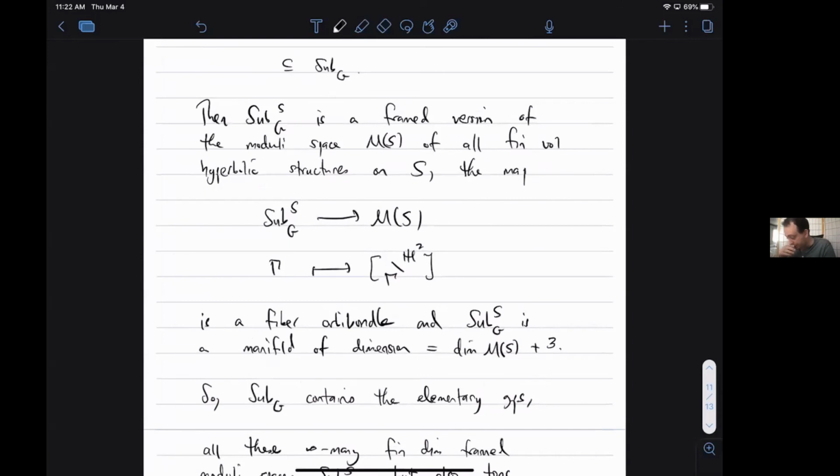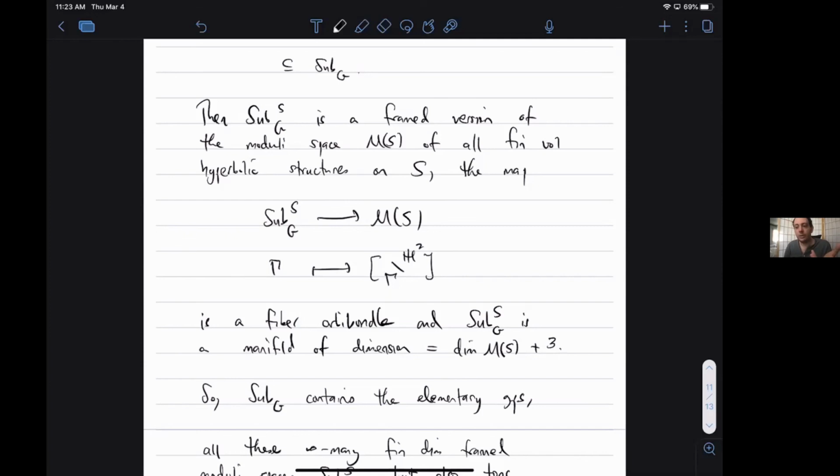The point for the dimension there is that you have this fiber bundle structure, and it turns out that the fibers are 3-dimensional, and so that's why you get dim M(S) plus 3, because it's like a fiber bundle where the base is the moduli space and the fibers are 3-dimensional.